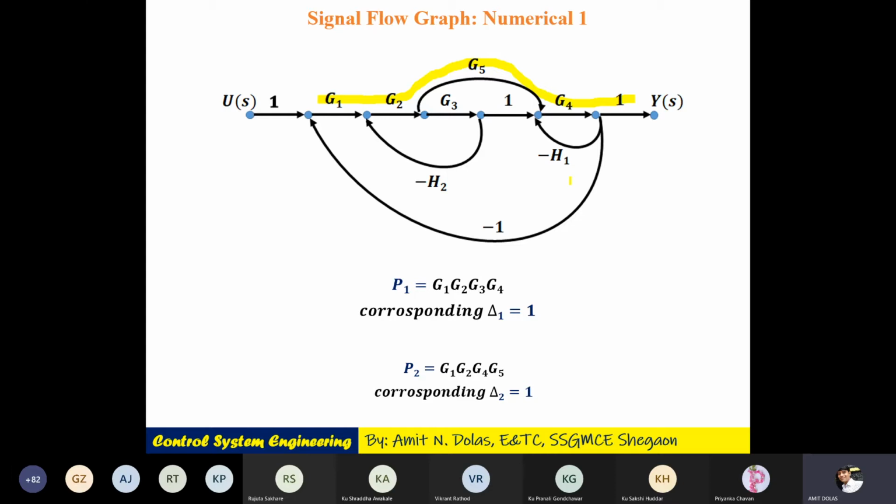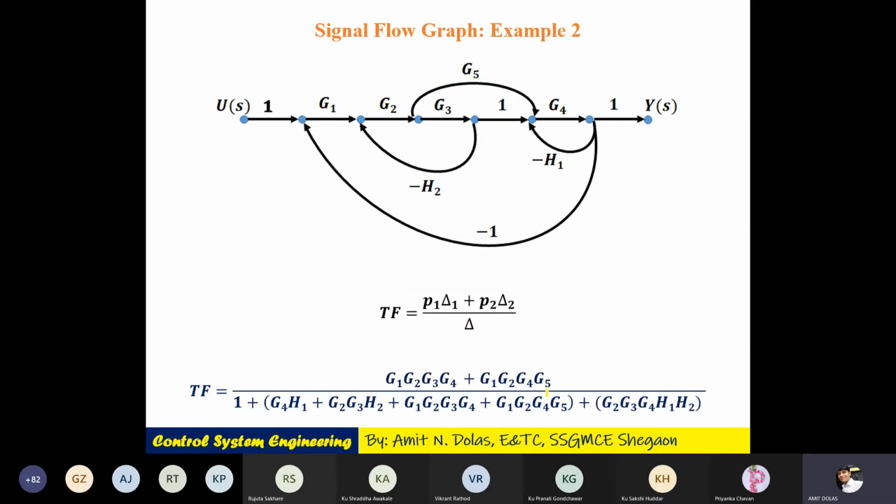We have another example in the next numerical wherein I'll show you how to calculate delta if some loop is not touching the forward path. So you can see all the loops are touching forward path 1, all the loops are touching forward path 2, then your delta 1 and delta 2 will of course be 1 simply. So final transfer function will be what?